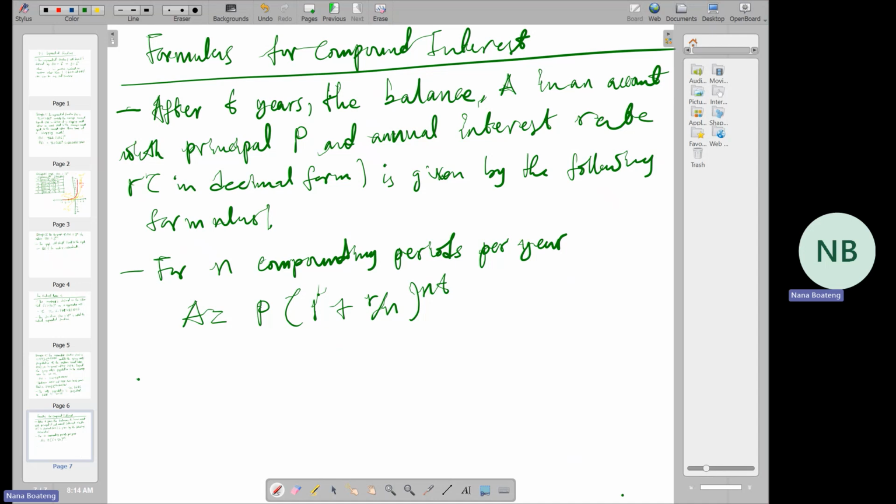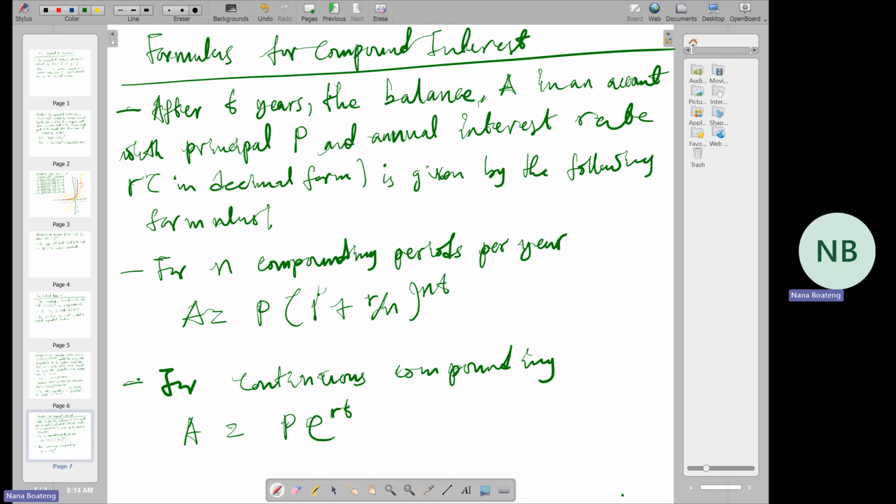And for continuous compounding, the amount will be equal to P times e power rt. So we have two formulas: continuous compounding and n compounding periods per year.